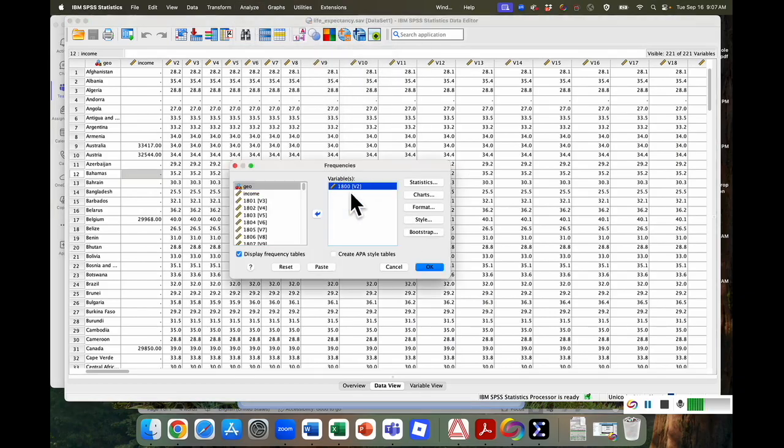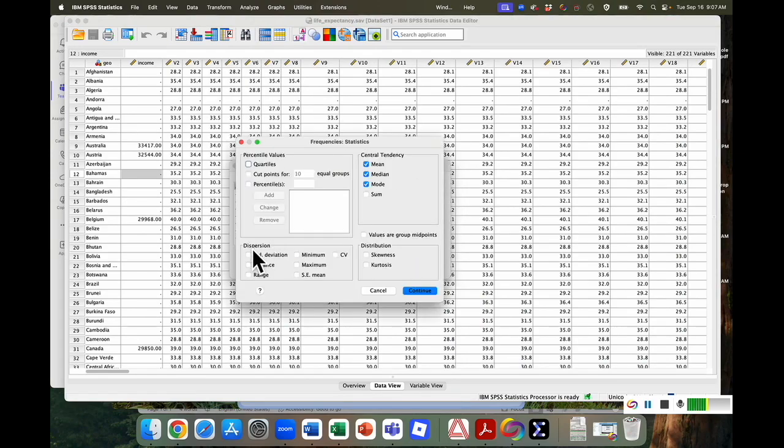We can keep our variable of life expectancy in the 1800s, go to Statistics, and then under Dispersion, you can get the standard deviation, which is the average squared difference from the mean, that is then the square root is found, the variance, which is the square of the standard deviation, and the range, which is the difference between the lowest and the highest points in the data set.